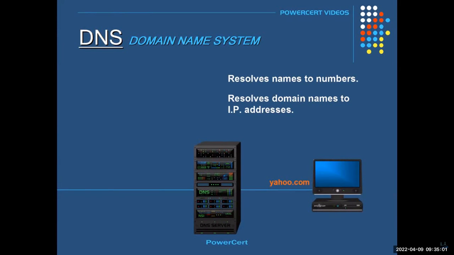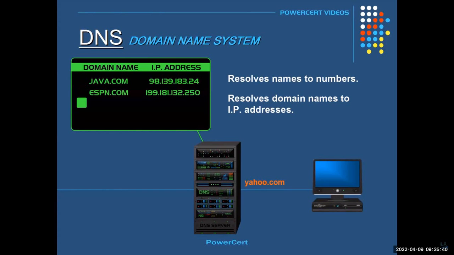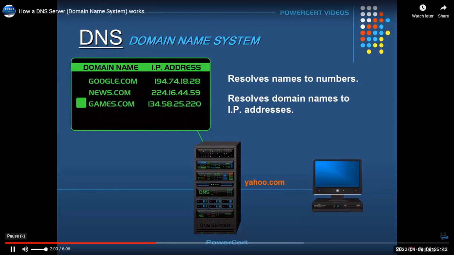Now, technically, you really don't have to type in yahoo.com to retrieve the Yahoo web page. You can just type in the IP address instead if you already knew what the IP address was. But since we are not accustomed to memorizing and dealing with numbers, especially when there are millions of websites on the internet, we can just type in the domain name instead and let DNS convert it to an IP address for us. So back to our example, when you type in yahoo.com in your web browser, the DNS server will search through its database to find a matching IP address for that domain name. And when it finds it, it will resolve that.